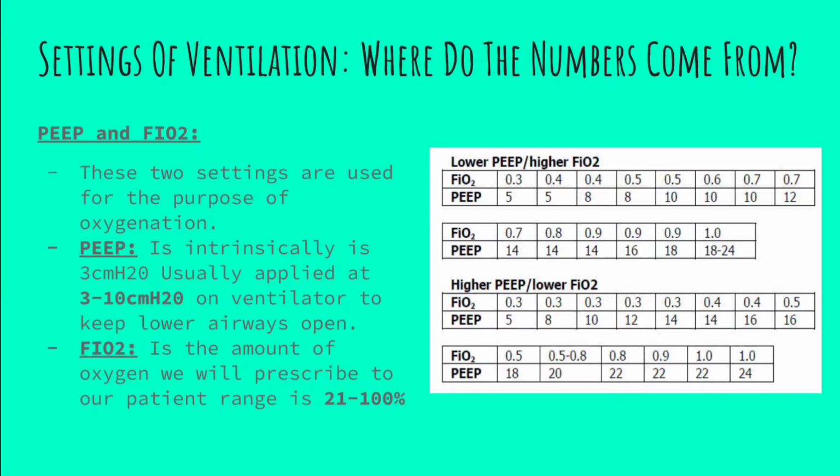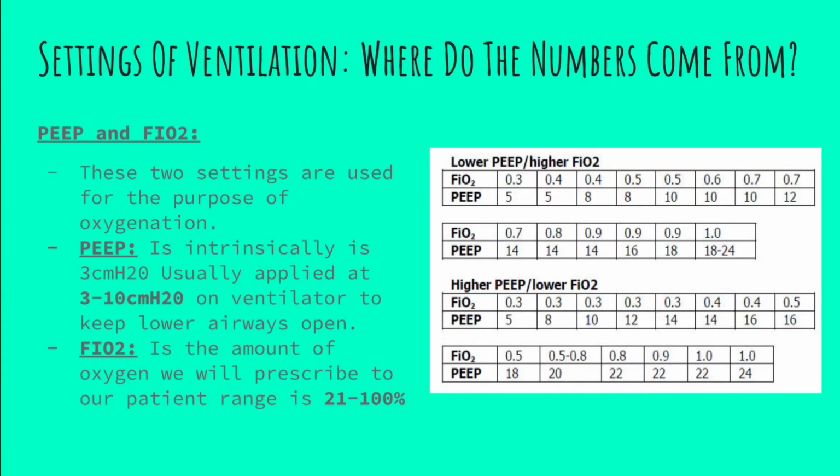So we'll generally use a smaller dose of PEEP. You should always use some PEEP. Now, when we sit here and try to figure out what our intrinsic PEEP is, just as you and I are sitting here breathing, it's been said that it's about 3 centimeters of water.